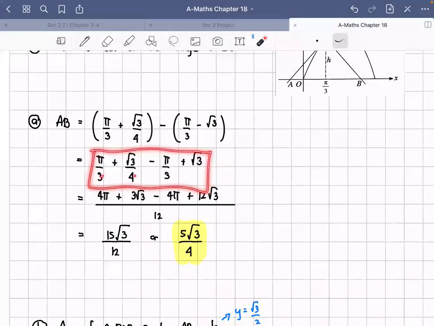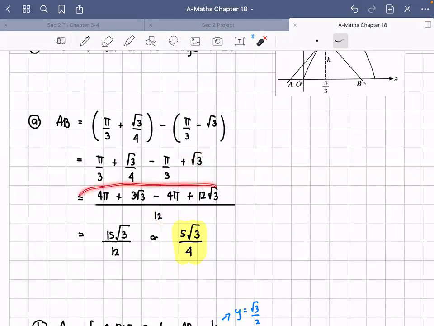We get the least common denominator, which is 12, and divide each by it. 12 divided by 3 is 4, 4 times pi is 4 pi. 12 divided by 4 is 3, so you have 3 root 3 here. Then 12 divided by 3 is 4, so again you have 4 pi here. And since this doesn't have any denominator, 12 divided by 1 is 12, that's why you have 12 root 3 on that part.